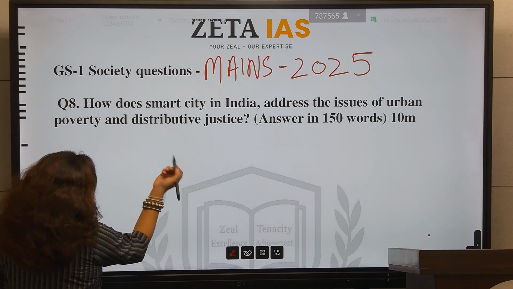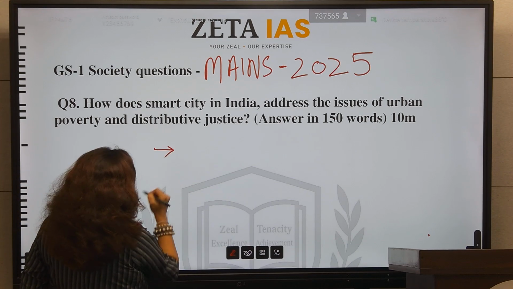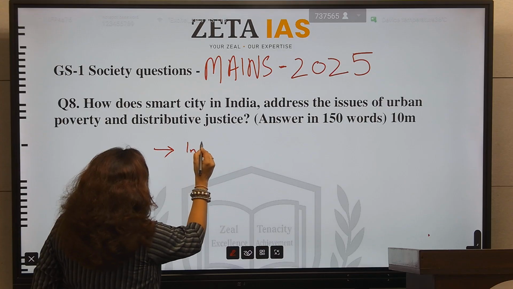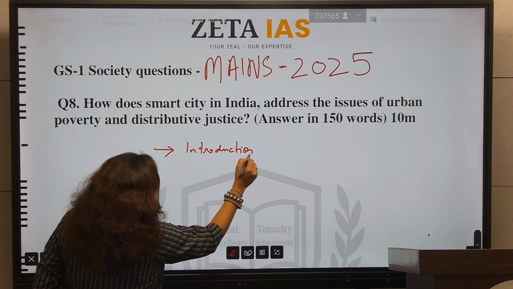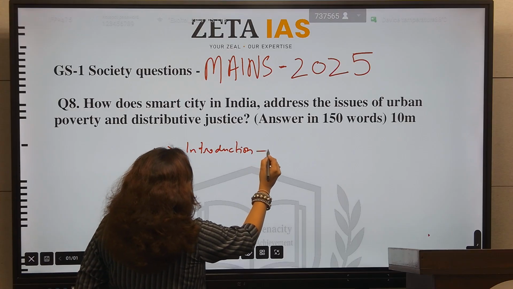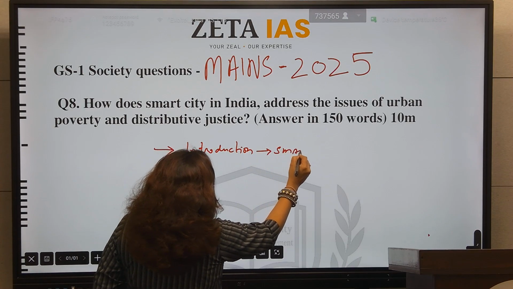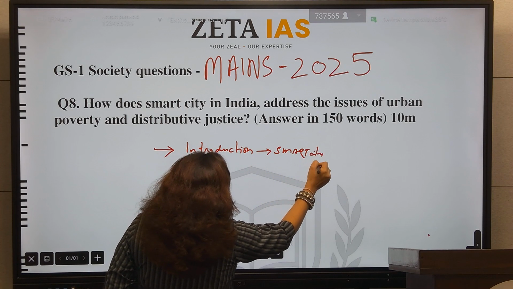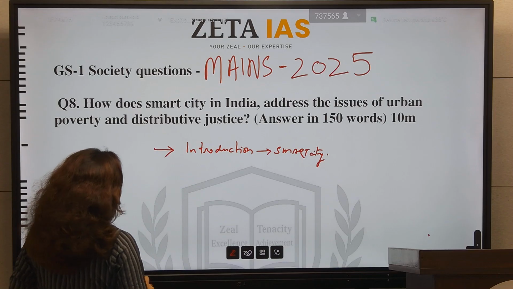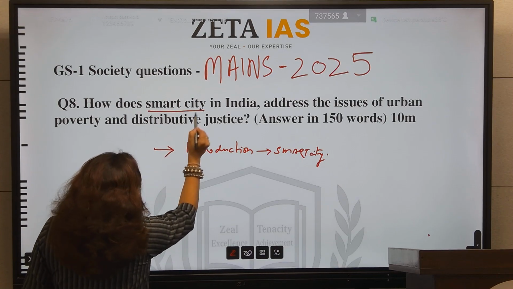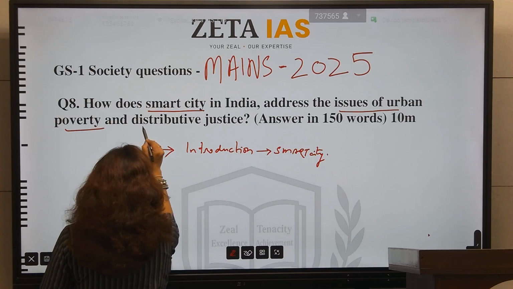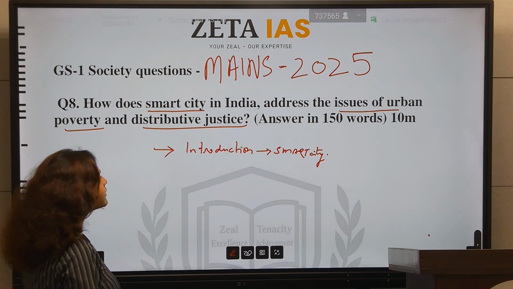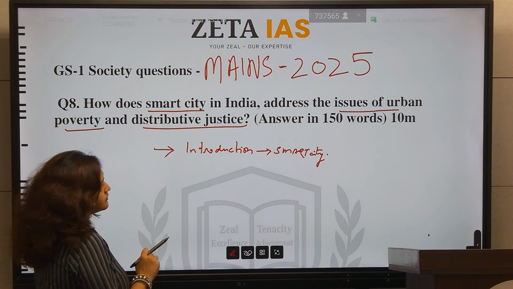In structure, as we all know, follow the conventional style. Write an introduction, and in the introduction you're going to write what is the smart city program, because in this question, smart city, urban poverty and distributive justice are the three main elements that have been asked.